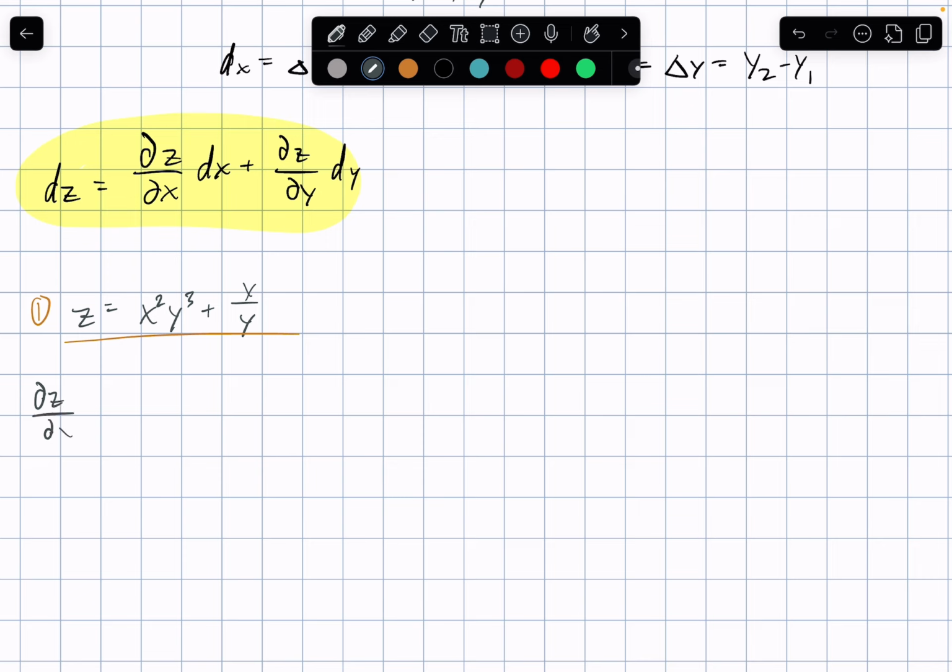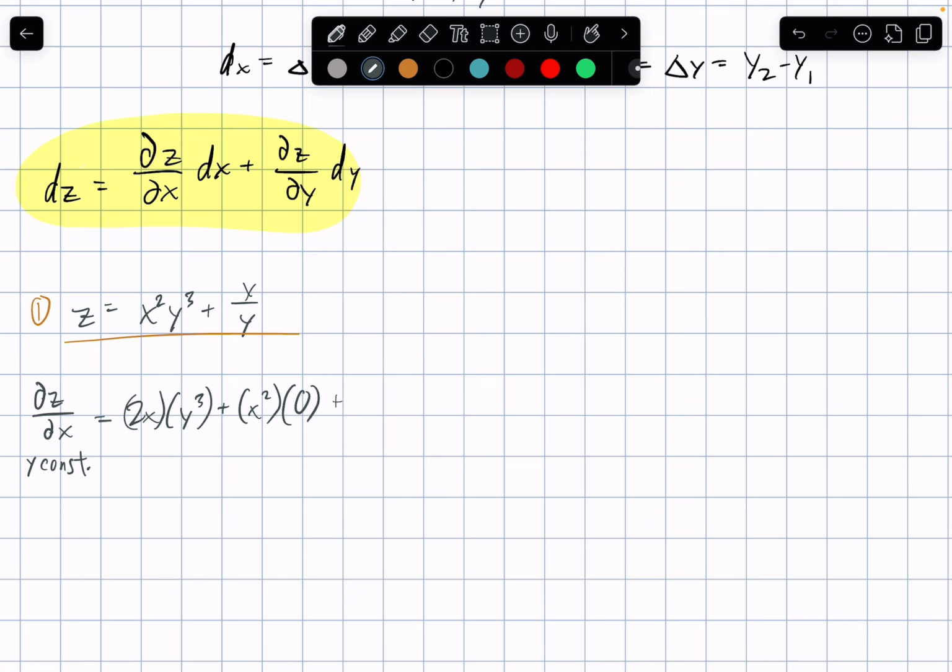So partial z over partial x, we're going to render y as a constant. So product rule: 2x times y cubed plus x squared times the derivative of y cubed, which is 0. And then we apply quotient rule in this fraction.